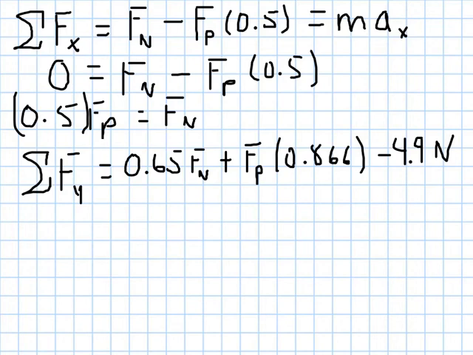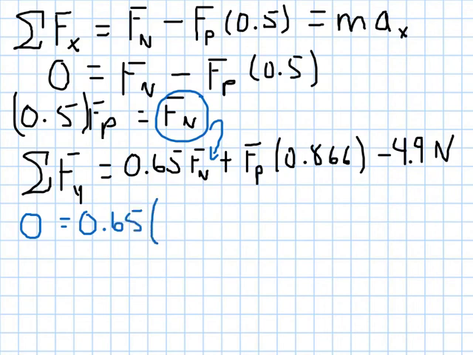Alright, so here's the game plan. I am going to take what I know about the normal force and substitute it into this second equation. Since the picture is entirely stationary, in the second equation the sum of the forces is also equal to 0. And now this is going to be 0.65 times the normal force.